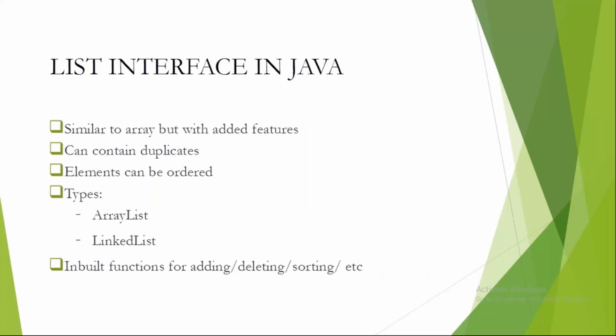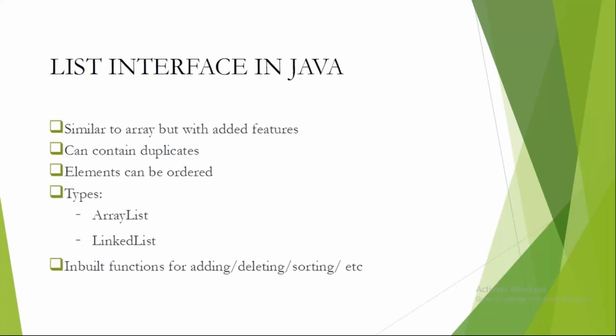List interface in Java. What is a list in Java? It is similar to an array with added features. It can contain duplicates, so you can add duplicates like you can in an array. And elements can be ordered. I told you about sorting: there is a function for sorting, and you don't need to write the code.